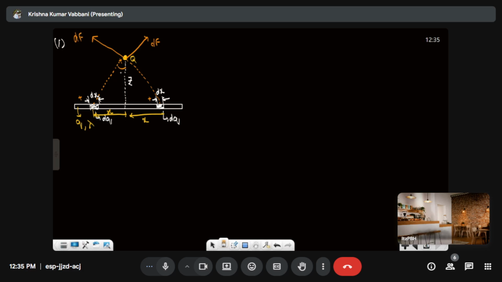I already told we have to take the theta value always at the source charge, so this is going to be theta, and this is also going to be theta. Resolve the vector. The second point is to resolve the vectors. I am resolving the vectors, this is theta and this is also theta.